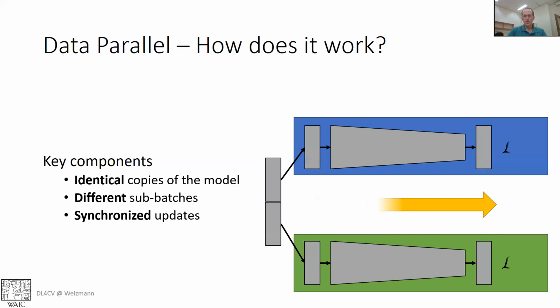We take one large batch that cannot fit into one GPU and divide it into different sub-batches. We can now run forward pass on each GPU and compute the loss. Note that although the loss function is the same, because we are training the same model, the loss values are different on each GPU. So L1 doesn't equal L2.